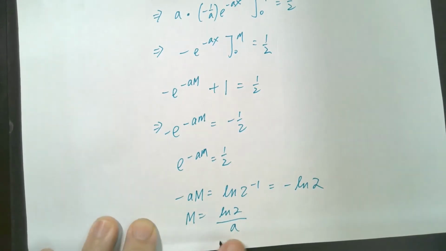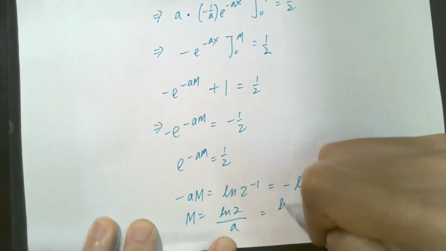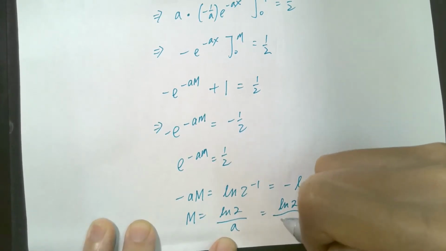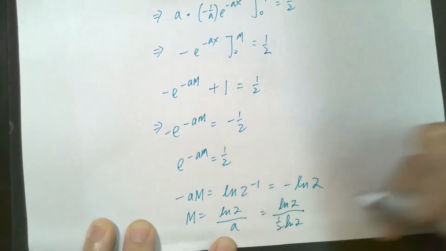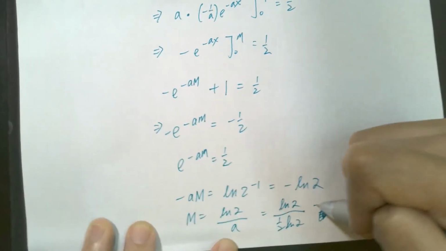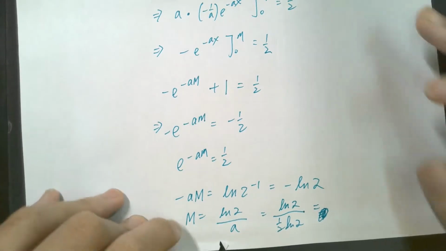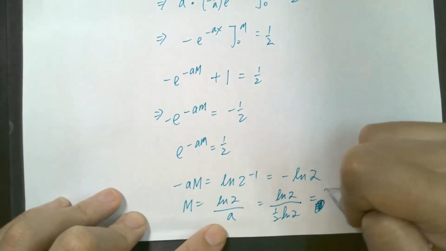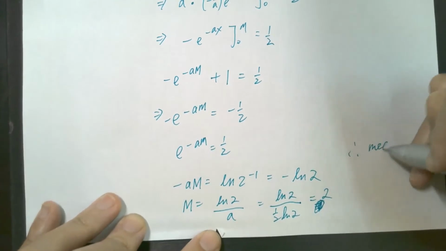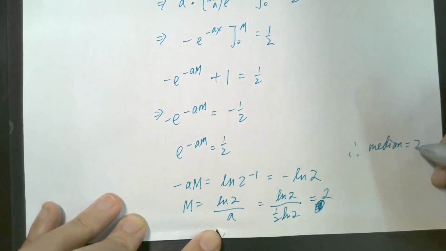and recall what our a is. Our a is 1/2 ln 2, right? So we know that m would be in the end equal to 2. Okay, so therefore the median is 2.